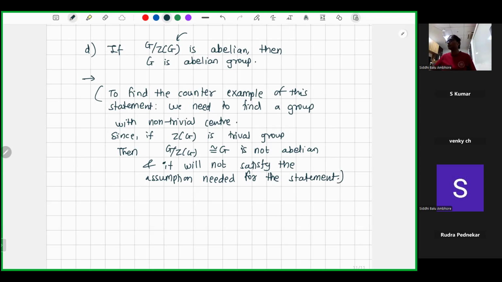Can you come up with a group with non-trivial center?